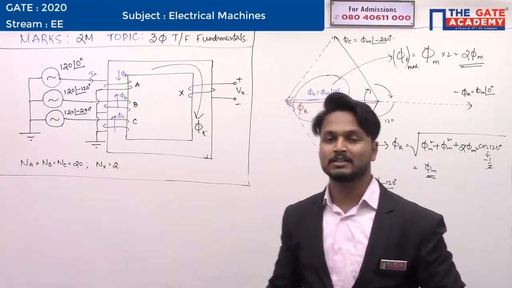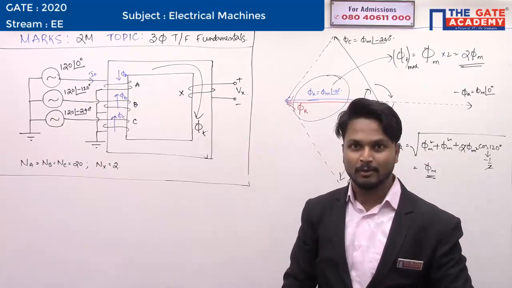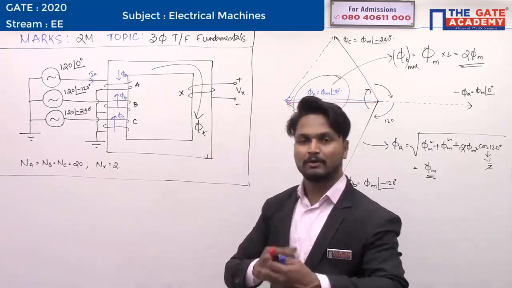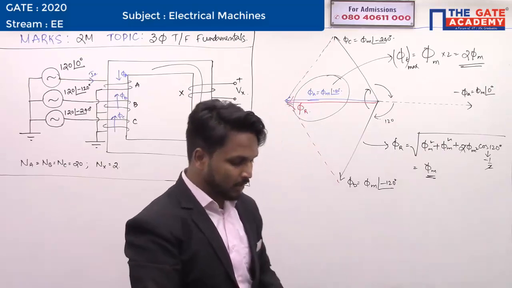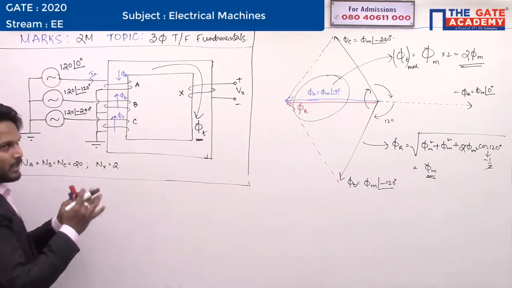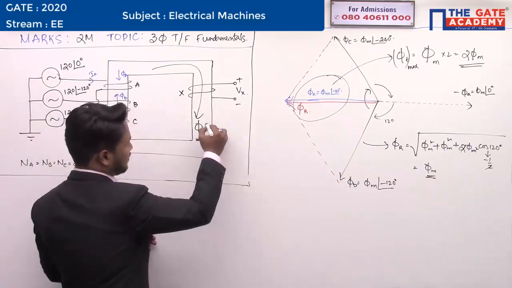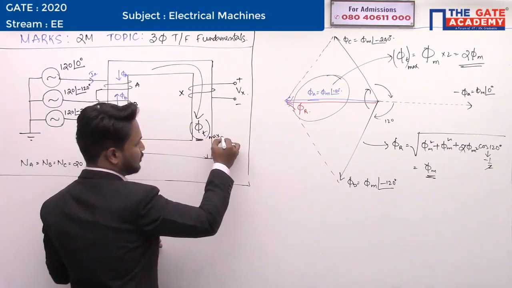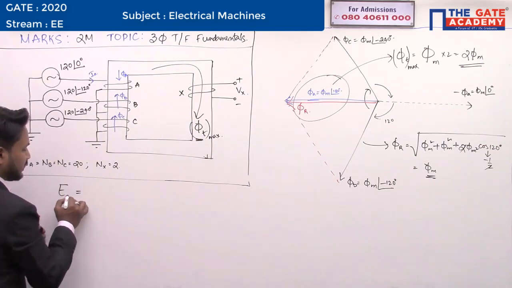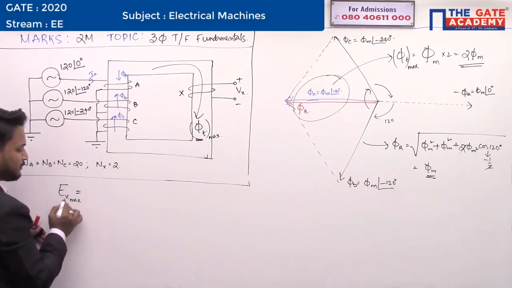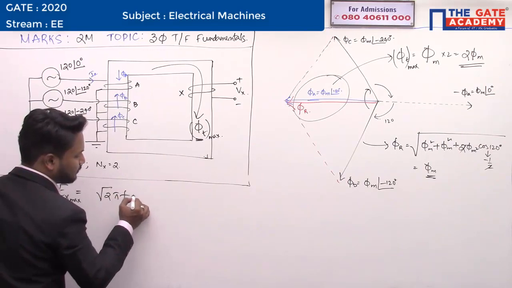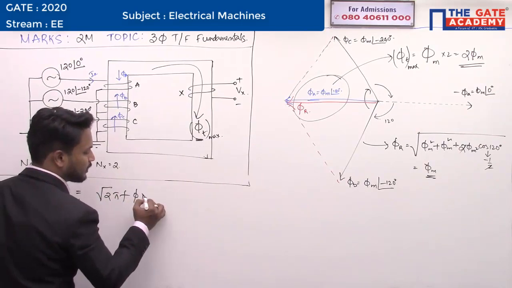So according to this flux, a voltage will be induced in this particular winding, right? In order to calculate the voltage across this, we have to do certain simplifications. If we have phi t amount of flux passing through this, and this is the peak value, the peak value of induced EMF Ex, let us say, Ex maximum, is given by root 2 pi f phi n.